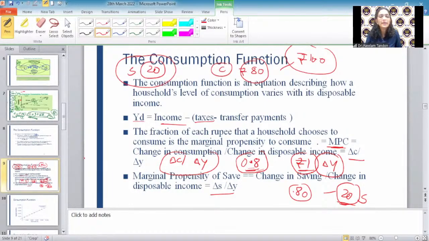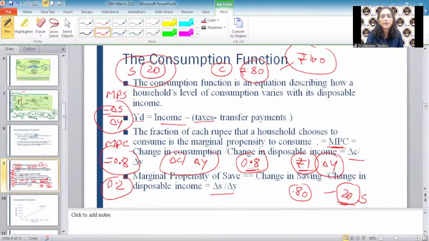So what is MPS? MPS is change in savings to change in income. If my MPC is 0.8, for each 1 rupee increase, 80 paisa I am consuming, 20 paisa I am saving. So MPS becomes 0.2.